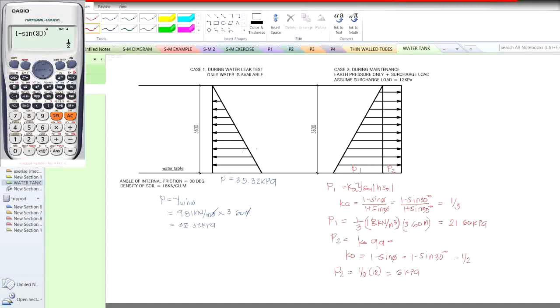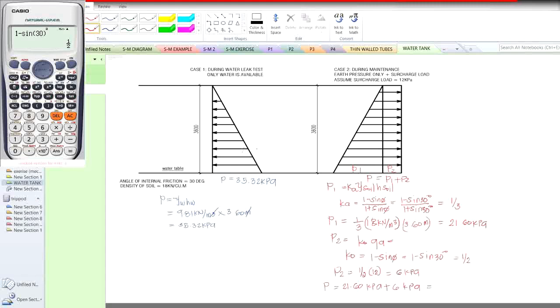Now, that's just P2. What we are after is the total pressure at the base, which is the sum of P1 and P2. P now equals P1, which is 21.6 kilopascal, don't forget the units, plus 6 kilopascal, which is P2.